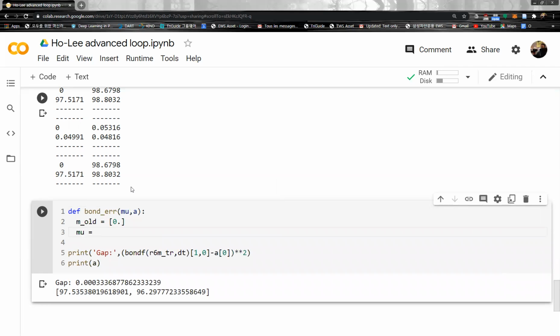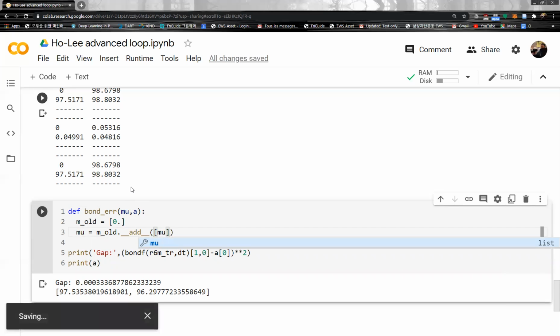Let's define M old, and then add our new mu, okay? Then 0 and mu, which we are interested in.